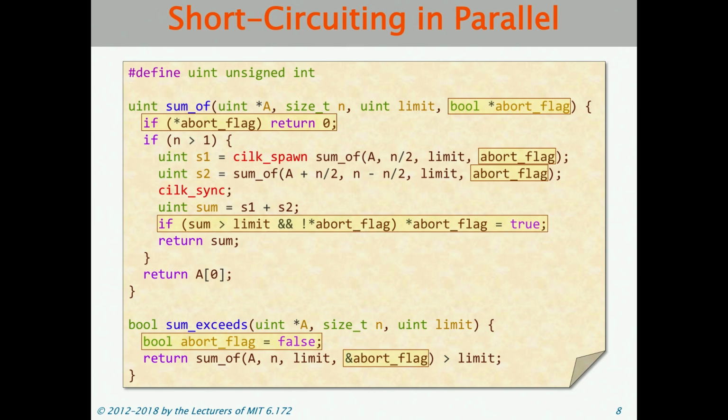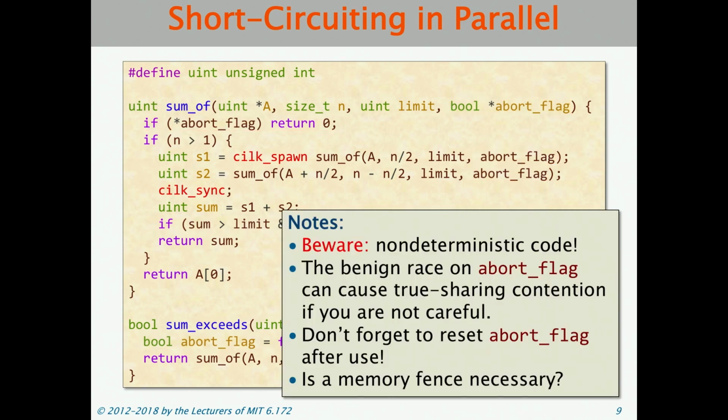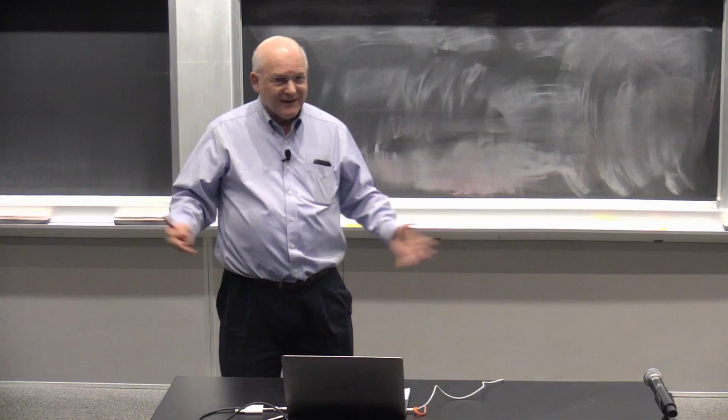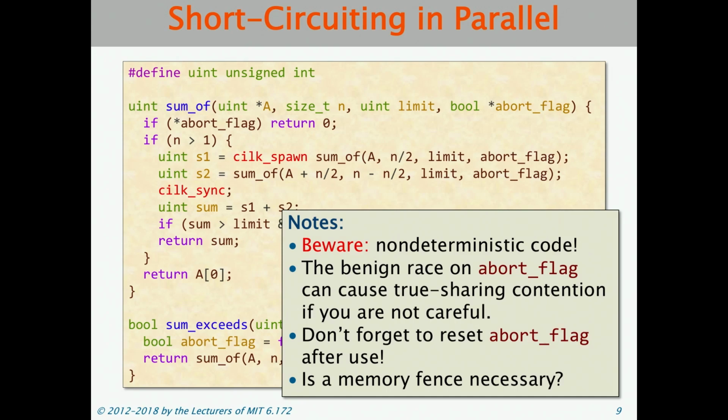Okay, so it doesn't have to keep going through the computation. And of course, once again, you can coarsen the leaves and so forth. So this is non-deterministic code, which we should never write unless we have to, because that's the only way of getting performance. And you have to make sure, of course, you reset the abort flag after the use.